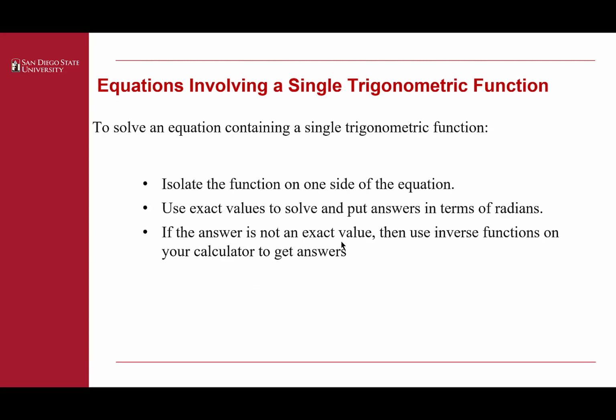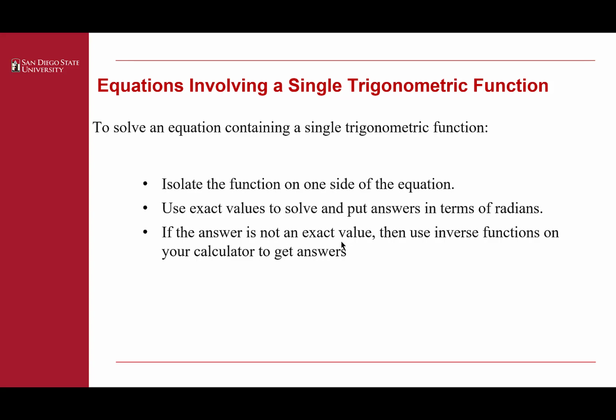We have a straightforward recipe for solving these kinds of equations. To solve an equation containing a single trigonometric function, the most important thing is to isolate the function on one side of the equation, whether the right side or the left side. But the preferred notation is having the function on the left side and the numerals on the right side.